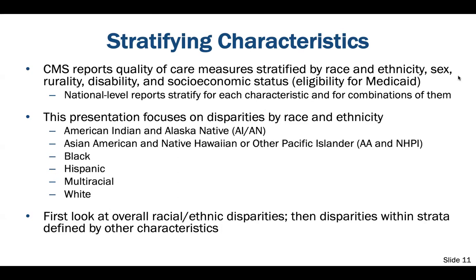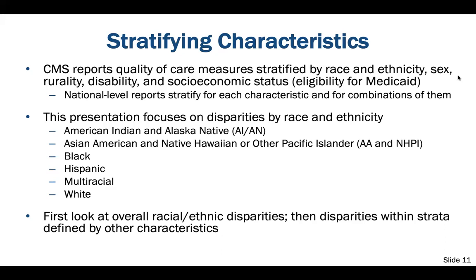The first is a check all that apply race item, and the second is a Hispanic ethnicity item, and those are then used to develop classifications, and there are various ways that you can do this.